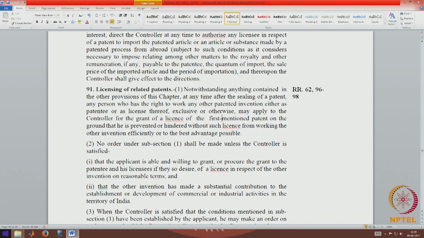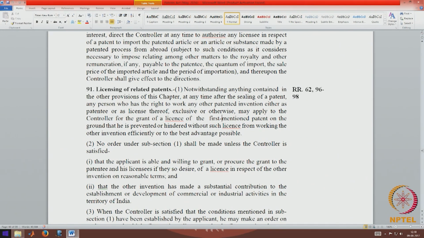Before looking at section 91, you need to bear in mind the procedure and the grounds for the grant of a normal compulsory license, what we call the default compulsory license under section 84. We need to bear in mind the grounds on which it can be granted, the procedure that needs to be followed, how long the license can be kept, and the powers of the controller in granting these licenses, that is section 84 till section 90.